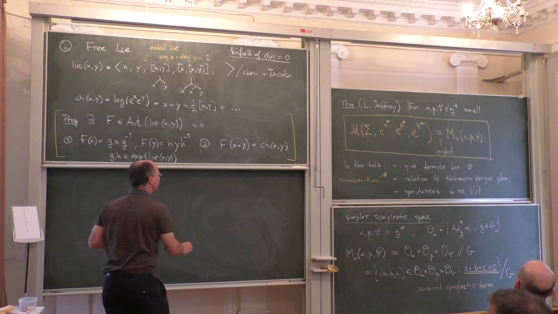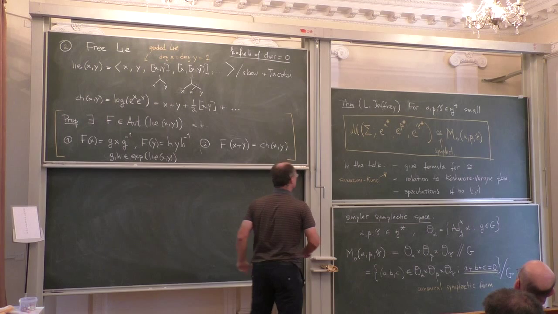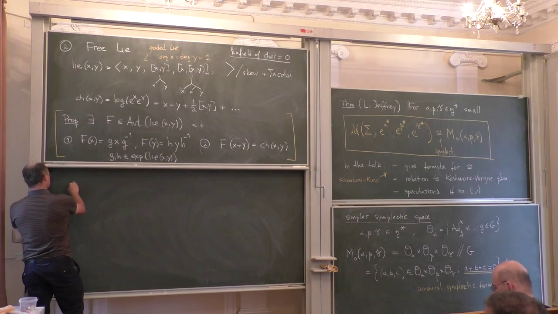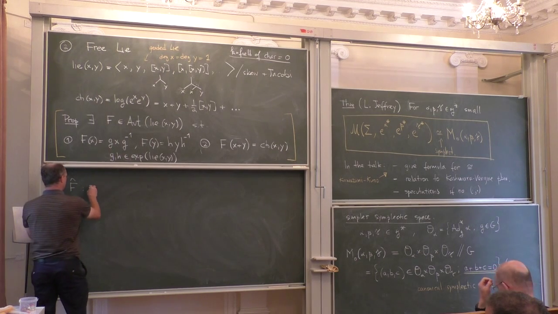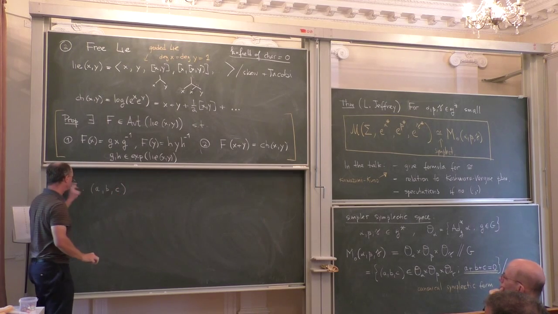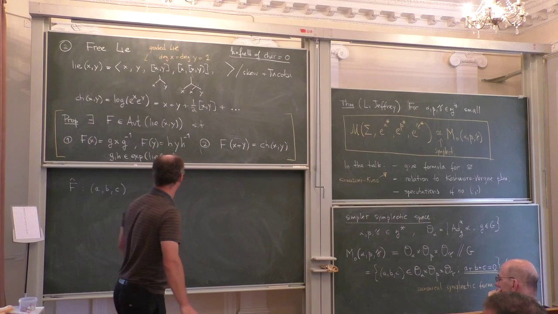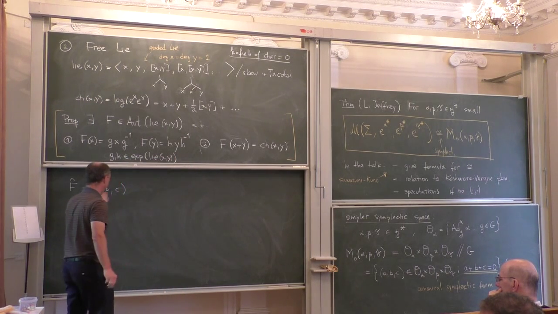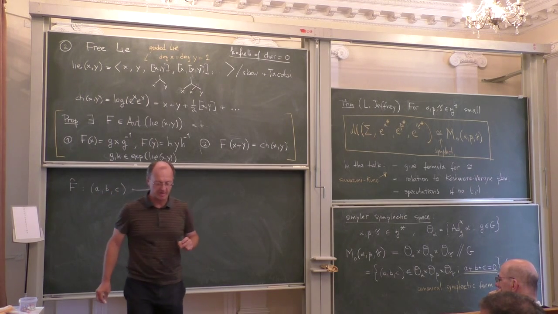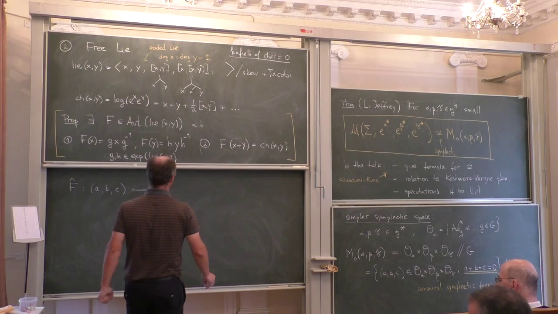Okay. So now with this F, we're trying to manufacture a map. Let me call it F hat. The map F hat is supposed to take a triple A, B, C satisfying the equation A plus B plus C equal to 0, and map it to a triple ABC which satisfies the equation ABC equal to 1.